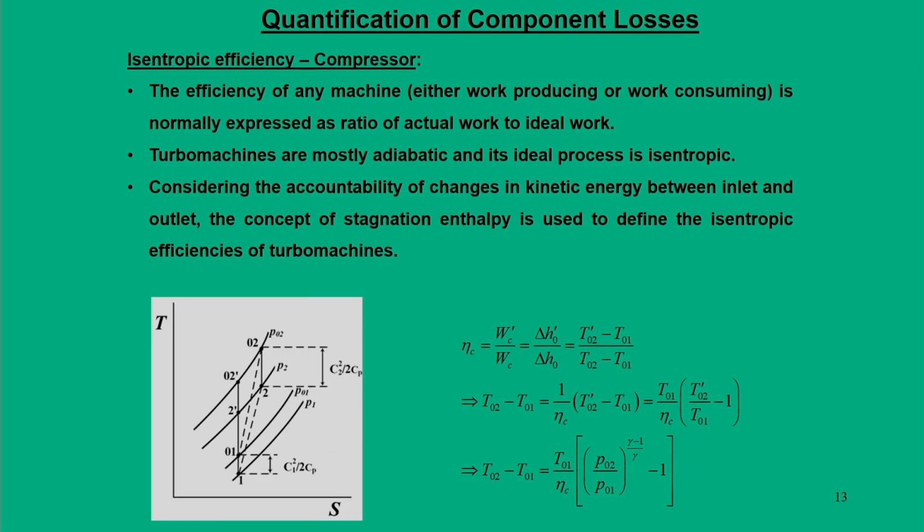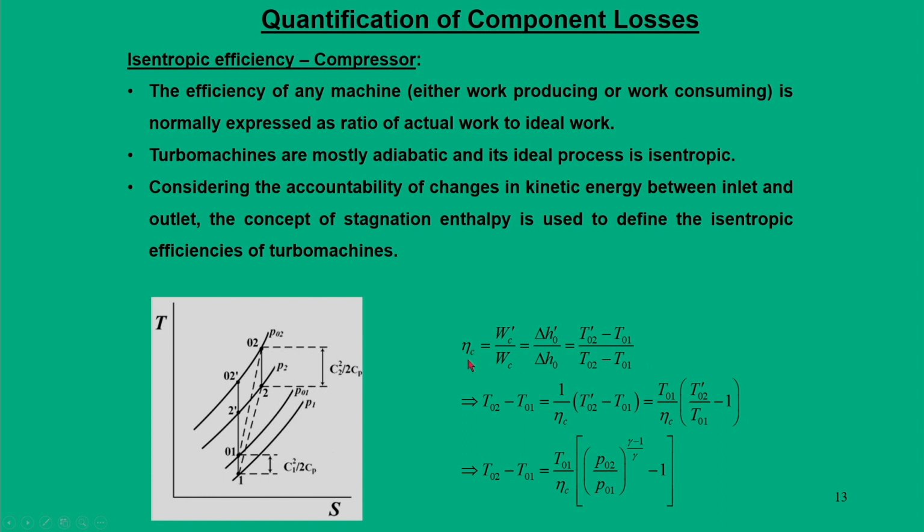But when you deal with the turbomachines in gas turbine engines for air propulsion, then we have to represent those efficiencies in terms of stagnation temperatures or pressures. So, this is the very basic difference: instead of representing the efficiency in terms of static values, we write them in terms of stagnation temperature difference.